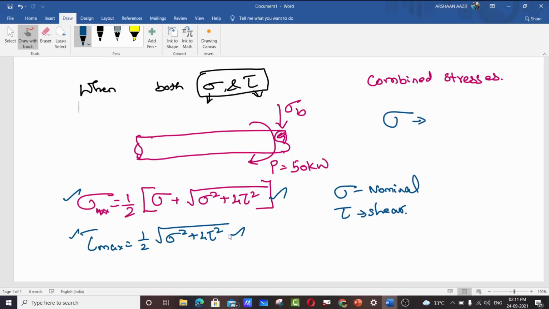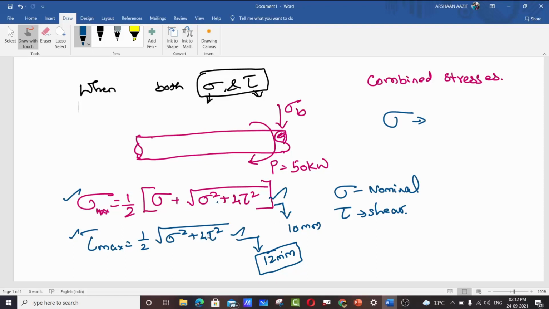If both values are given, we'll design the shaft for both conditions and take the largest diameter. For example, if the requirement for the shaft diameter is 10 mm here, and 12 mm here, I'll use a 12 mm shaft because 12 mm is obviously greater than 10. So this will be safe for this condition and also for this condition.